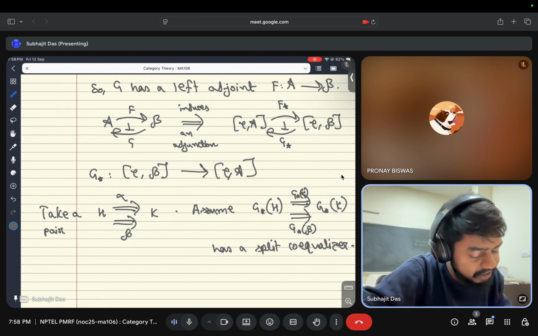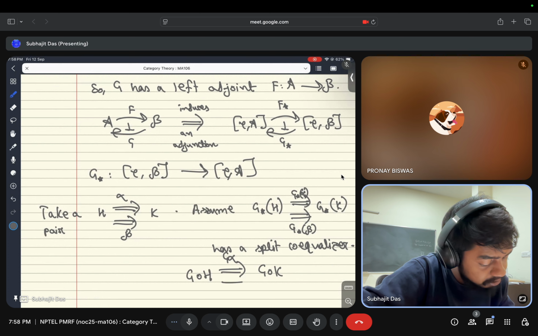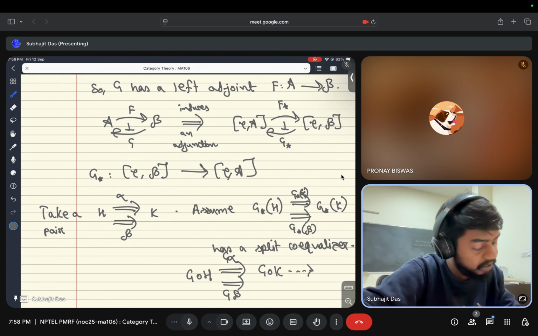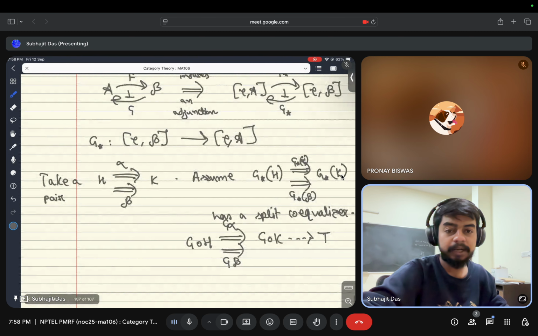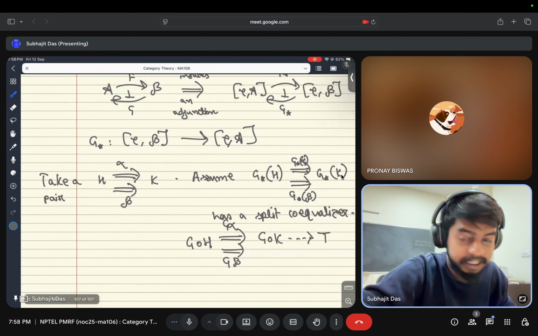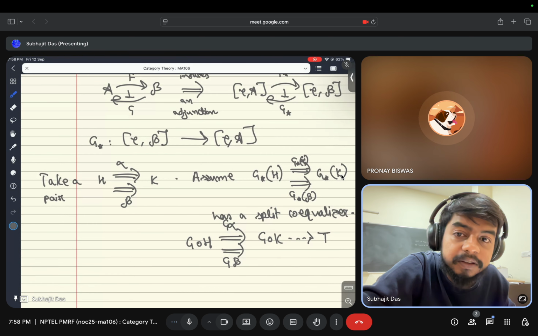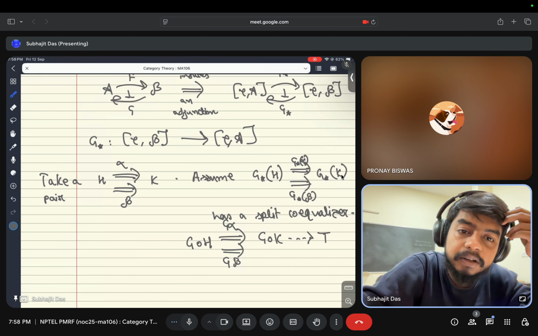So let's write this data. G star of H is G composed H. You have G star of alpha is just G alpha. You have G composed K. You have G beta. This has a split co-equalizer, let's say T, some functor T. Okay, but what would that do?